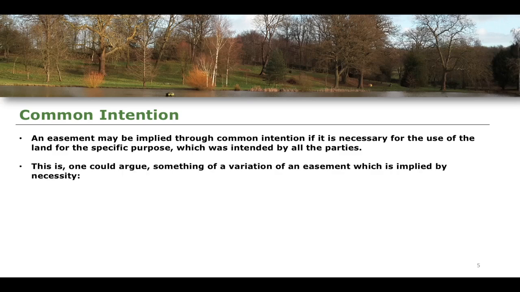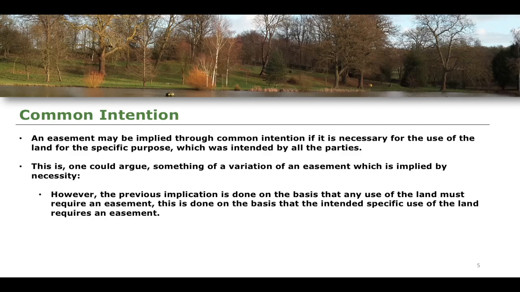As one would argue, it is something of a variation of an easement which is implied through necessity. There is still a certain element of necessity required in this common intention requirement, but more specifically we're talking about the common intention by the parties. The previous implication is done on the basis that any use of the land must require an easement. This is done on the basis that the intended specific use of the land requires an easement.